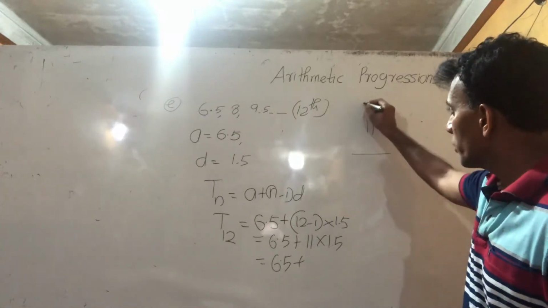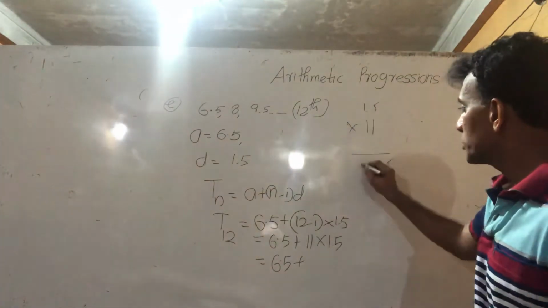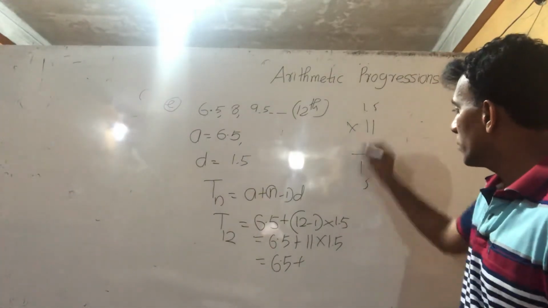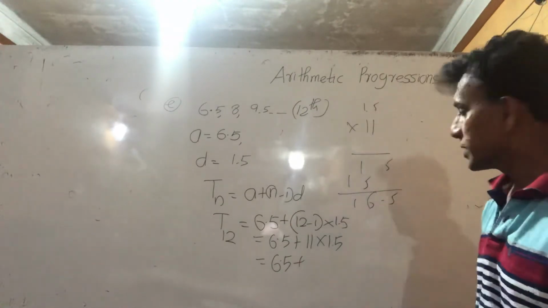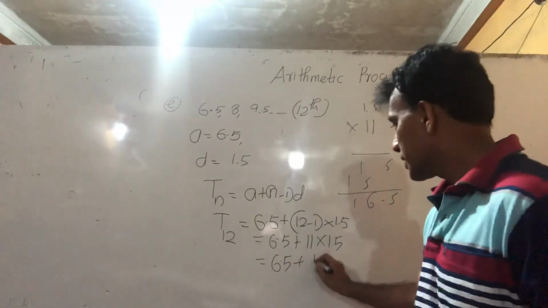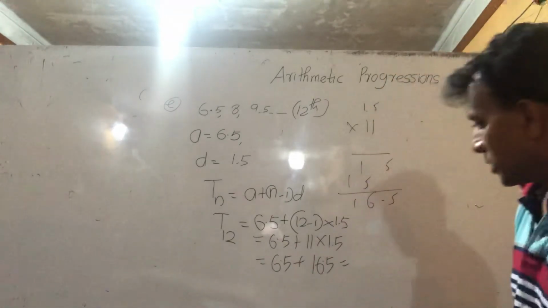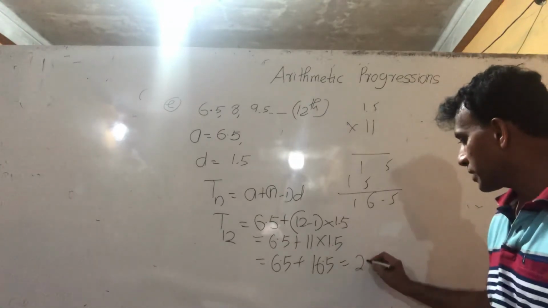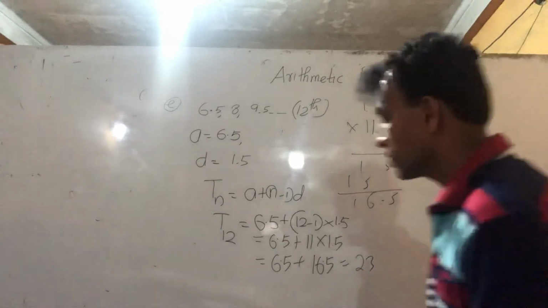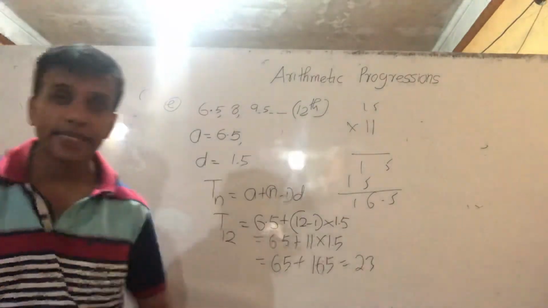But better I show 1.5 up. 1 times 5, 5. 1 times 1, 1. 16.5, is it? 16.5, right? So what is the addition? 16.5 plus 6.5 is 23. Check that. 23 is the answer, in order the 12th term, right?